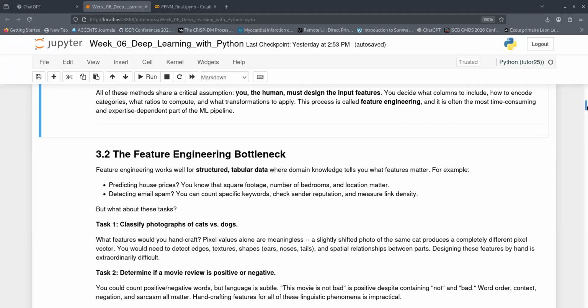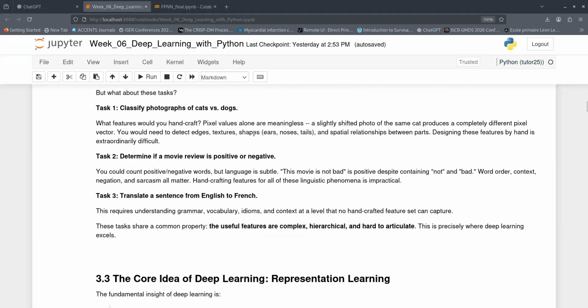Maybe another task is when they ask you to determine if a movie review is positive or negative. You could count positive or negative words, maybe, but the language is subtle.